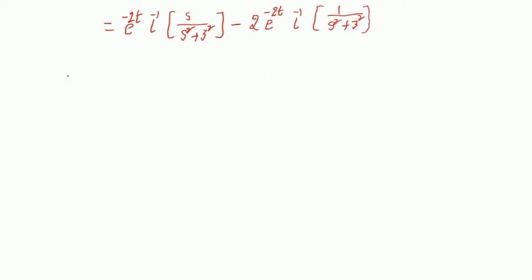So this is equal to e power minus 2t. What is L inverse of s by s square plus a square, cos at, means cos 3t, minus 2 into e power minus 2t. What is L inverse of 1 by s square plus a square here, sin at by a, sin at by a means 3 here, I am writing that 3 is here, right? So this is the example number 3, right?